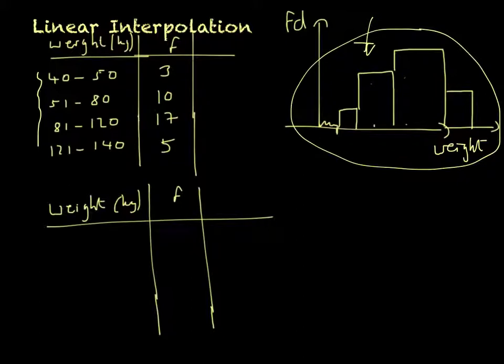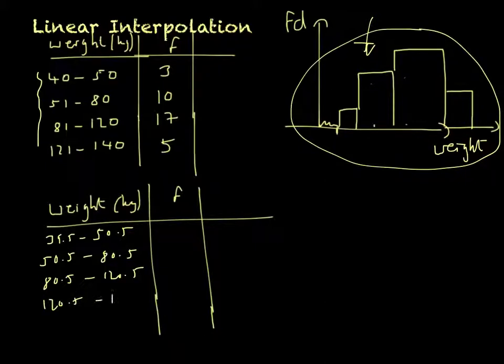So first off, we need to change our classes to 39.5 to 50.5 and 50.5 to 80.5 and 80.5 to 120.5 and 120.5 to 140.5, and our frequencies don't change.